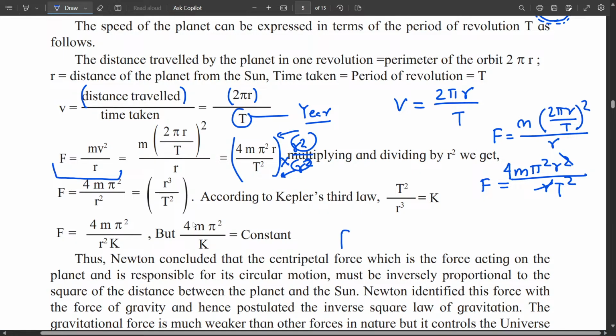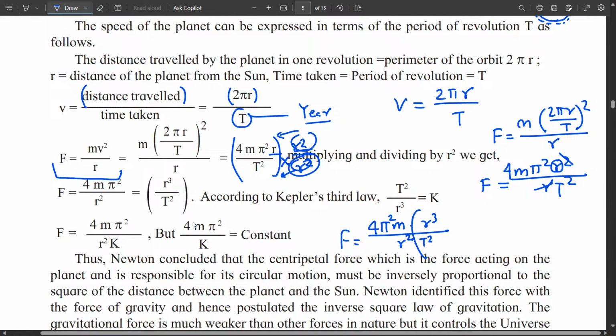Then we will get F is equal to, as it is, 4 pi square into m. Then this one r is there and we are multiplying it by another r square. So r into r square, so it will be r cube over here divided by T square into this r square will be there, r square.